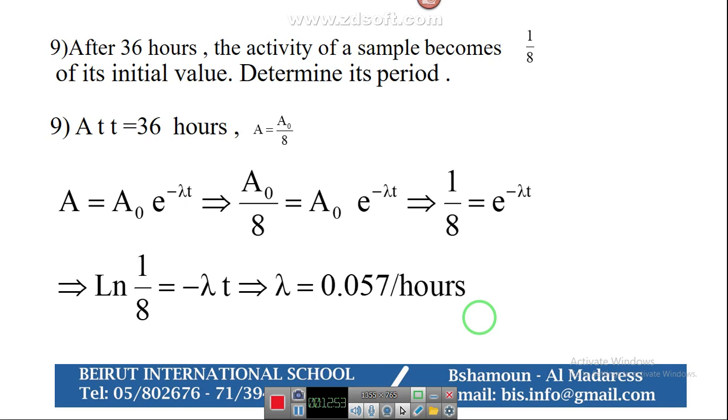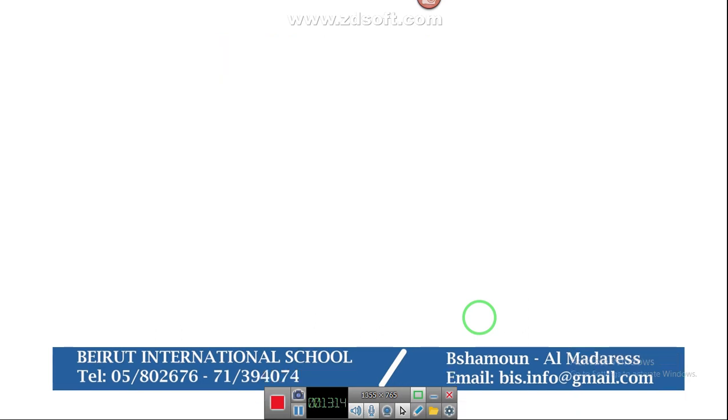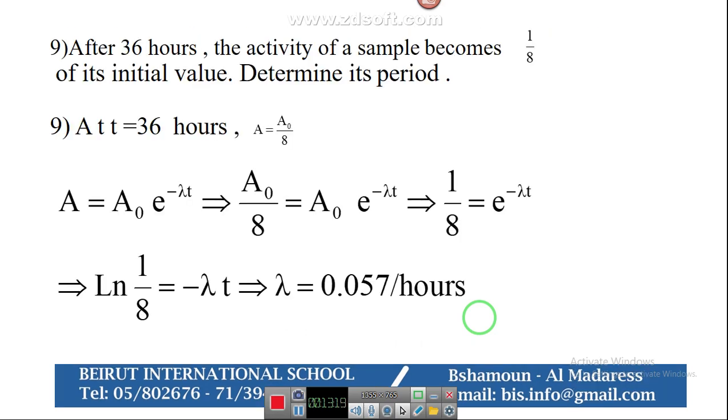This means A0 over 8 equals A0 e to the power minus lambda t, which implies 1 over 8 equals e to the power minus lambda t. Taking ln of both sides, ln 1 over 8 equals minus lambda t, which implies lambda equals 0.057 per hour. To find the period here, we write that the period capital T equals ln 2 over lambda.